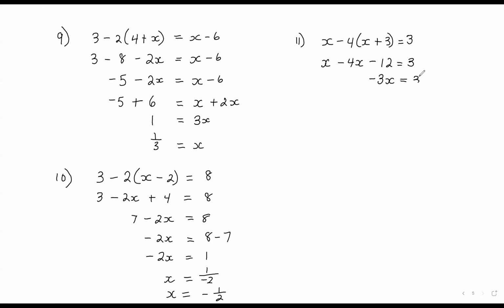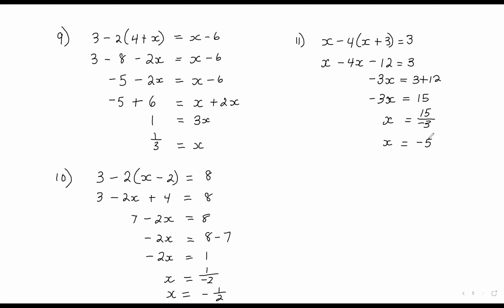And then, yes, 3 plus 12 will be 15. Right. So negative 3x is equal to 15. And now we have to get x by itself. So we have to divide by negative 3 on both sides. Good. So x will be equal to negative 5. Excellent. Perfect explanation. Good job. So x is -5.